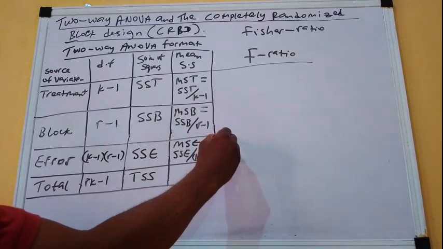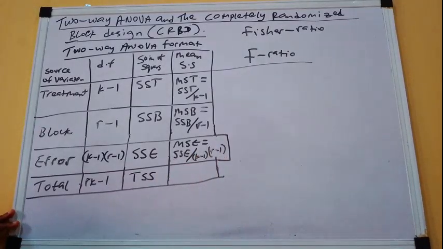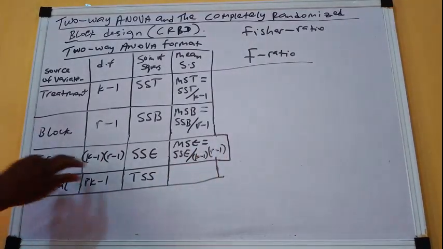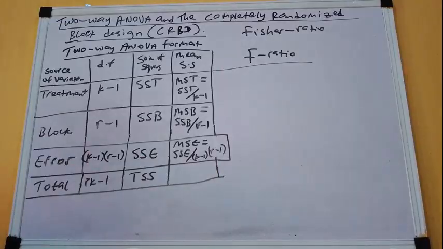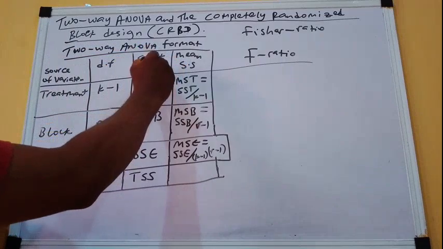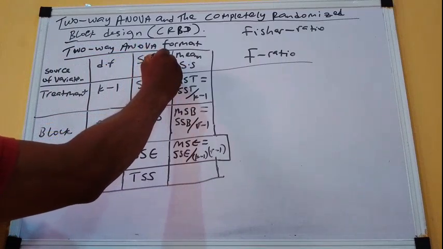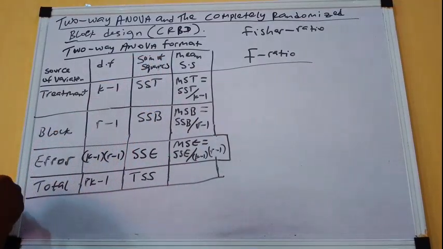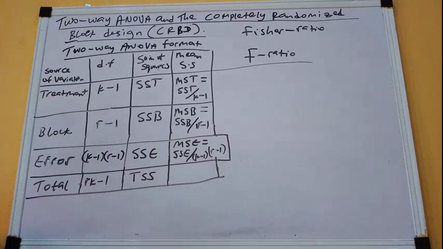So you use the corresponding degrees of freedom to divide the sum of squares, and at the end of the day you will get the mean sum of squares. Now, for the F ratio, we are going to have two F ratios.